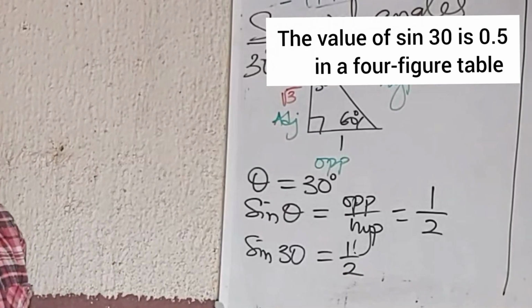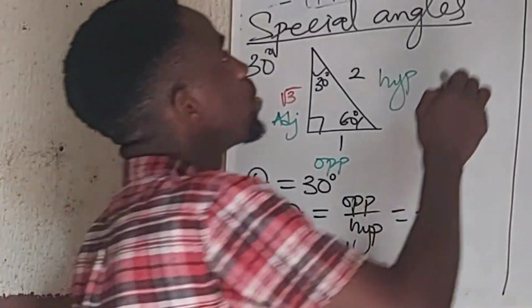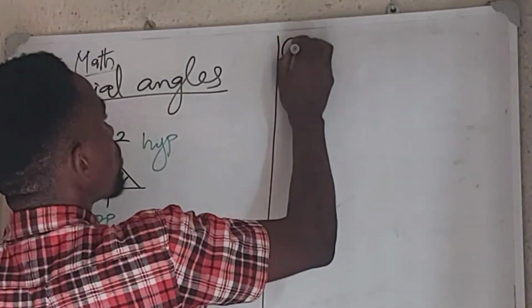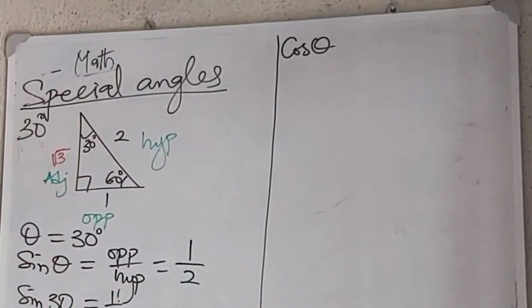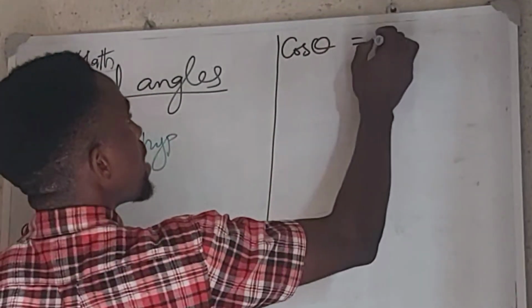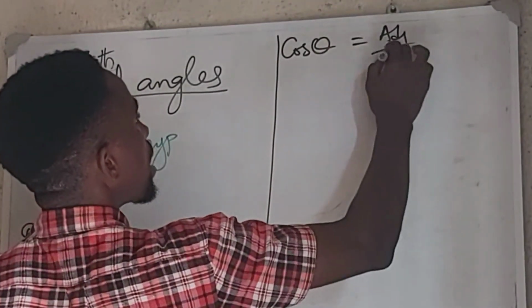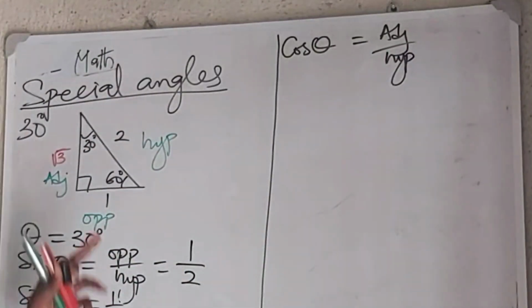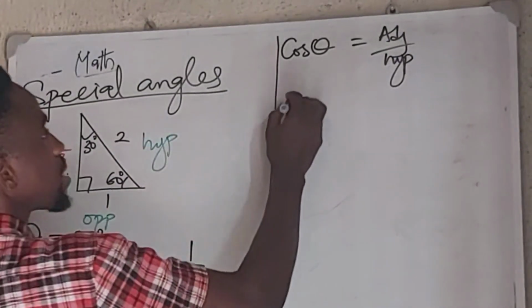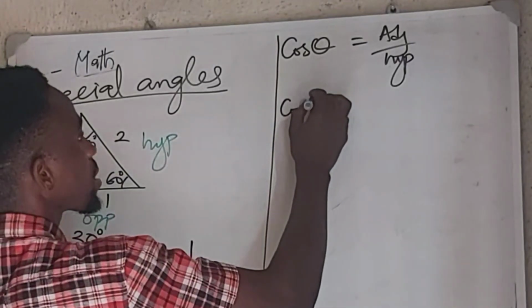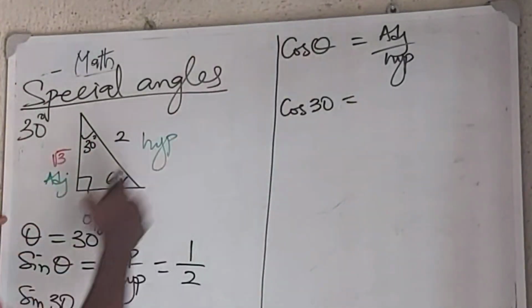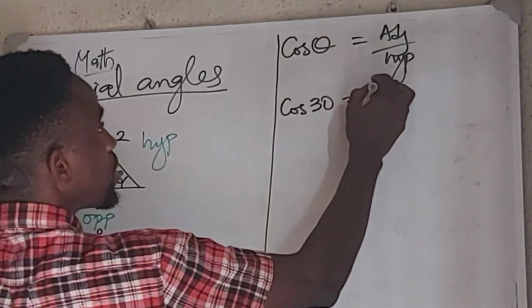Let's go ahead and do for cos and tan. So in this case now, we are looking for cos theta. Cos theta, remember, is adjacent over hypotenuse. And our adjacent, in this case, we are calling for cos 30, our adjacent is root 3, right?